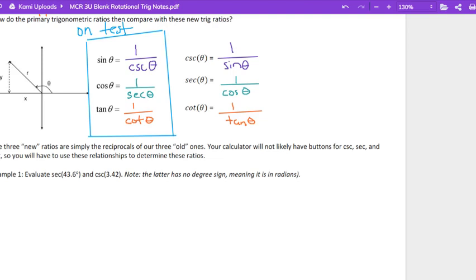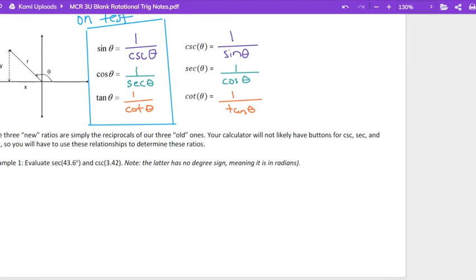The cotangent and tangent are obvious, but I find the cosecant and secant can be a bit tricky to remember. So I will give you these relationships. Should have been cosine, right? But we have a cosine already. Like, come on, mathematicians.